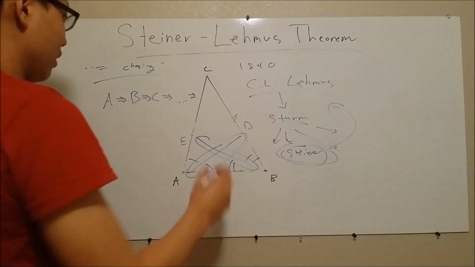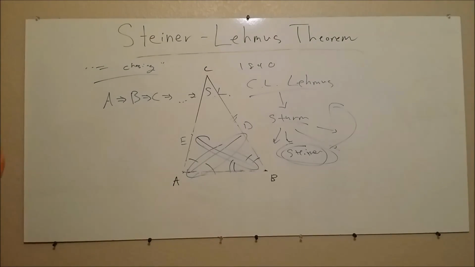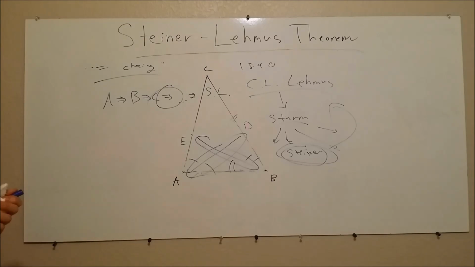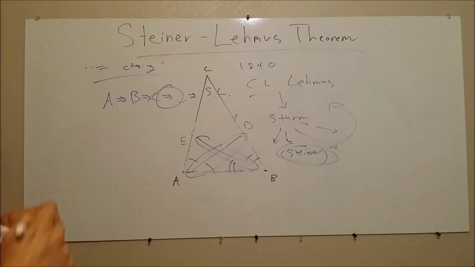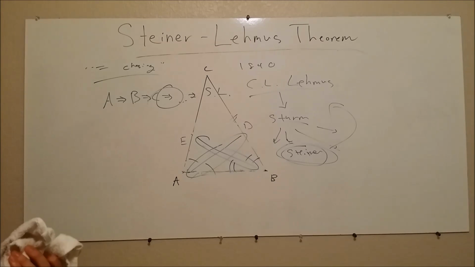And then we eventually arrive at the Steiner-Lehmus theorem, right? One of these chains right here might be one of those things where you can't prove it directly. So, in a sense, we don't really have a chain of simple implications where we have if, then, obviously. So it might not be direct.